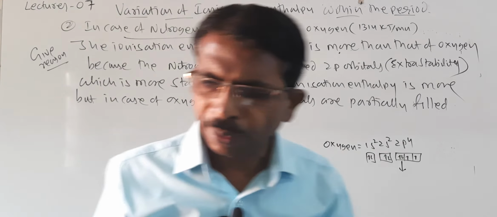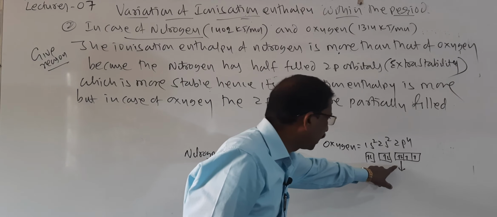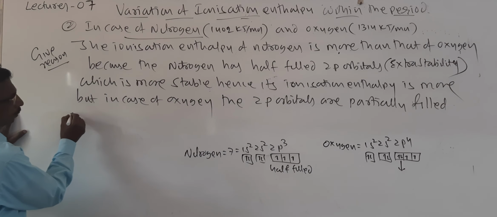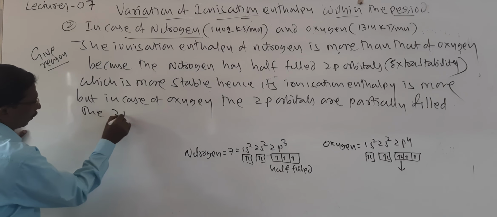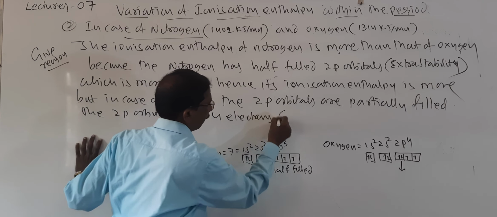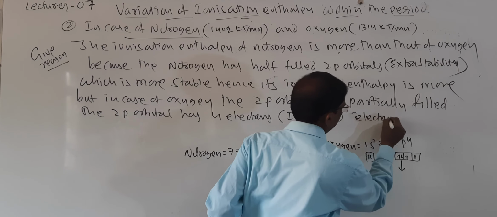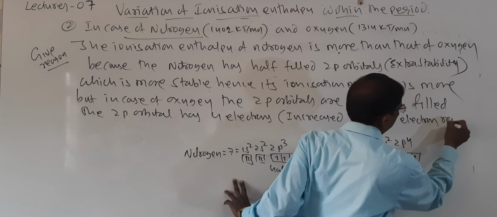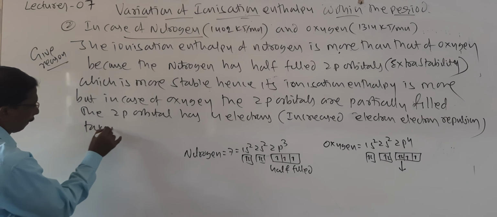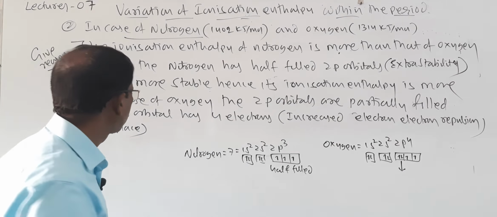Look here, students, when the 2p orbitals are partially filled, the 2p orbital has 4 electrons, so increased electron-electron repulsion takes place, and it is very easy to remove.